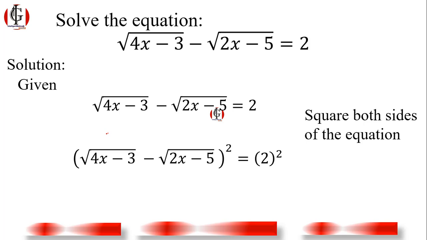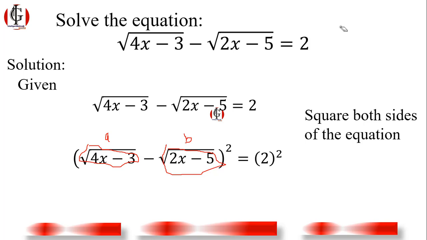Let's say this first root is a, and the whole of this other root is b. So we are going to have a minus b all squared.